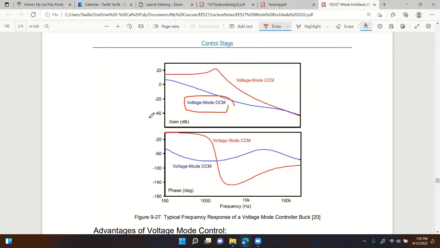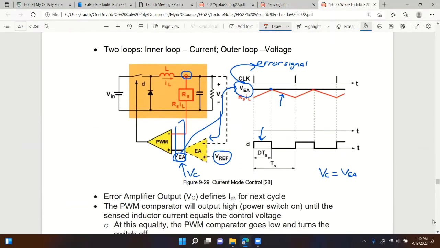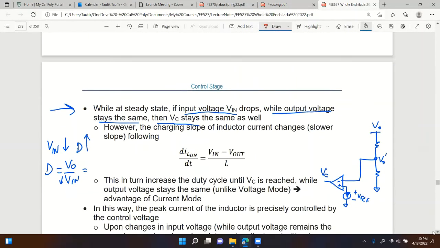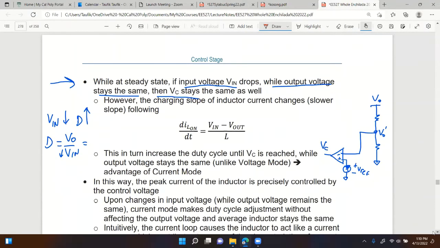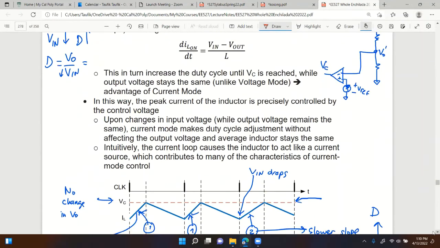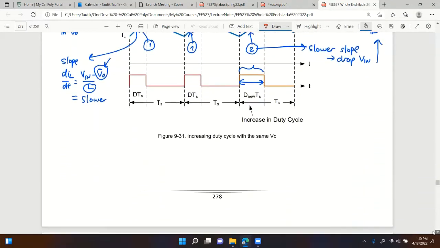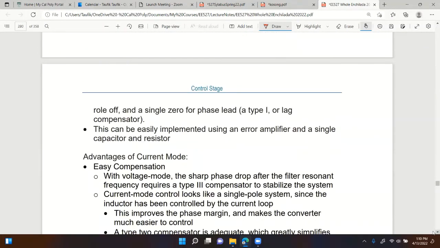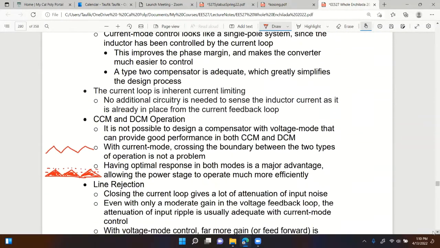Again, that happens because the inductor current acts like a current source. So these compensators for voltage mode will be different if you run it in both DCM and CCM, for whatever reason you run in both modes. For current mode it will be okay because they both can use the same compensator.